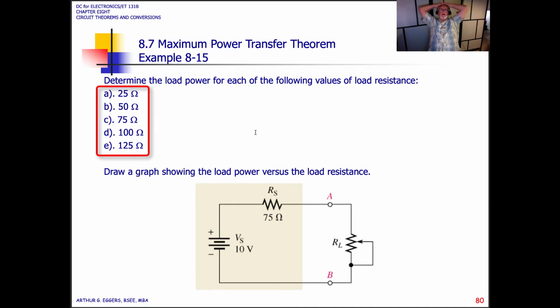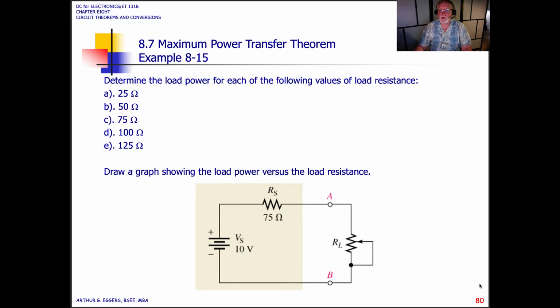Again, the idea behind this is determining how we match something like a speaker to a stereo system so that we get the maximum amount of energy without distortion or without loss going from the amplifier into the speaker itself.